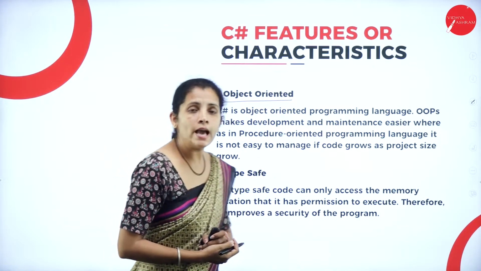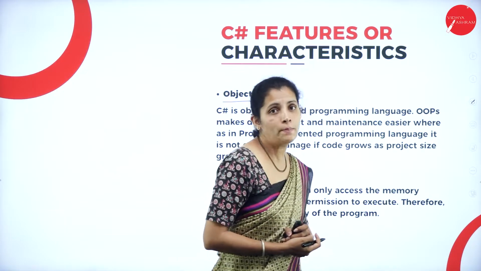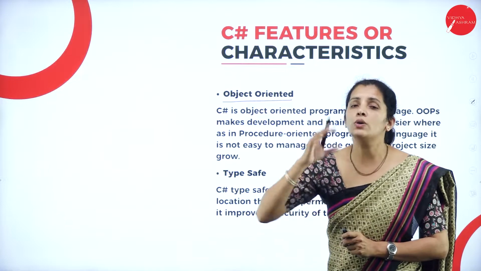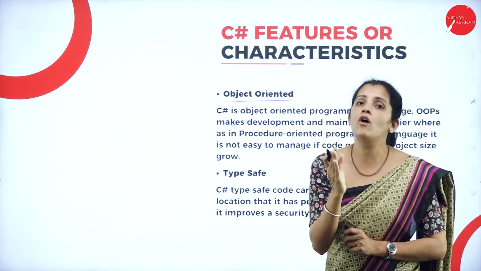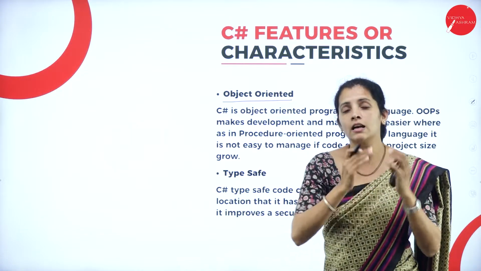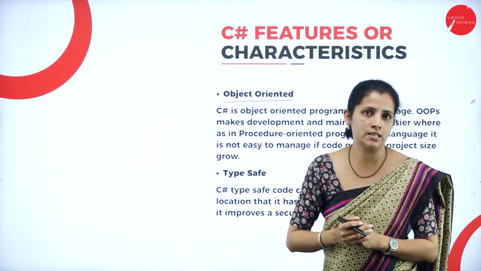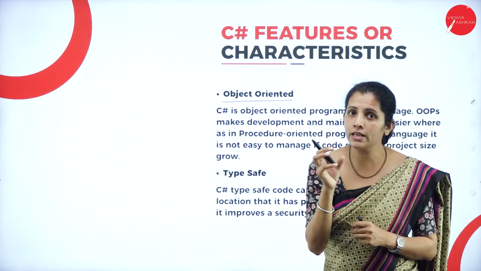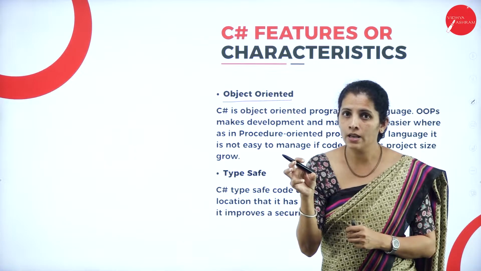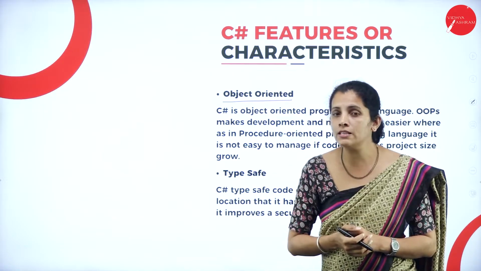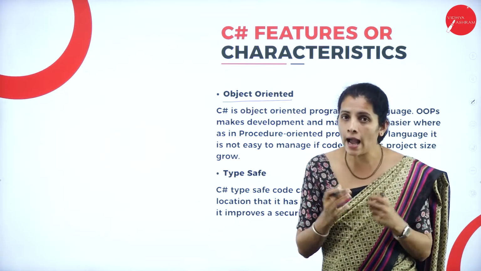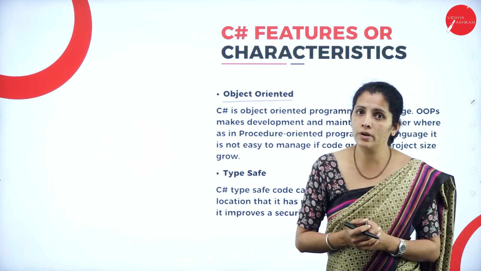The next feature here is object oriented. That means C# is also called object oriented. That means to represent any kind of problem in C#, I'm going to consider classes and objects. So what is an object? It is nothing but an instance of the class. And a class is used to represent real world problems, and each class will have its own properties.